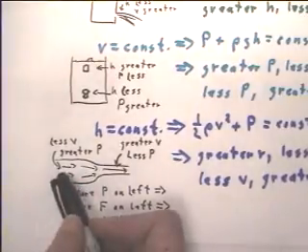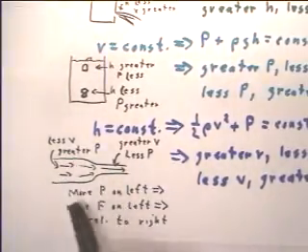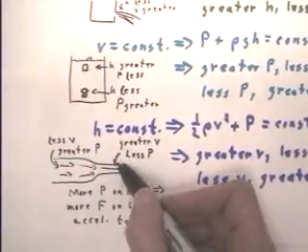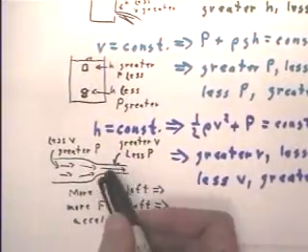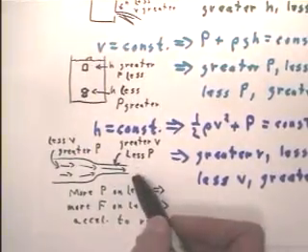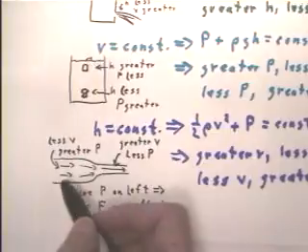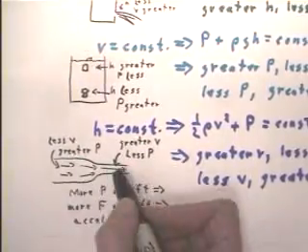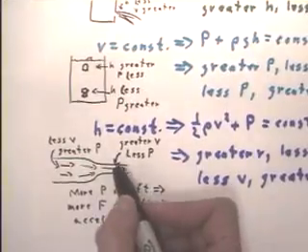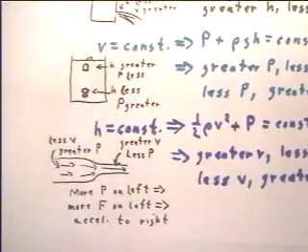Here you have less velocity because the pipe is bigger. The water doesn't have to flow as fast to get through the pipe. Here the pipe is smaller in cross-sectional area, and the fluid has to flow a lot faster. Again, we're assuming a liquid which doesn't compress, so that the amount of liquid passing a point here has to be the same as the amount passing a point here. Since the tube is thinner here, it's got to be moving a lot faster than it does here.